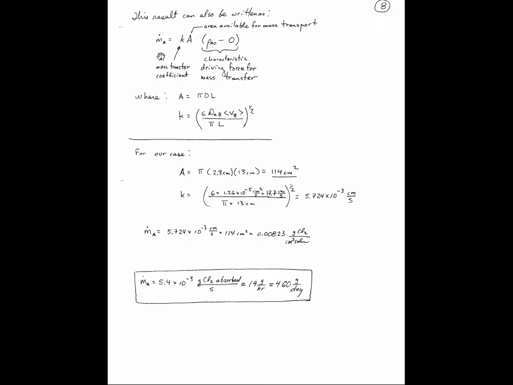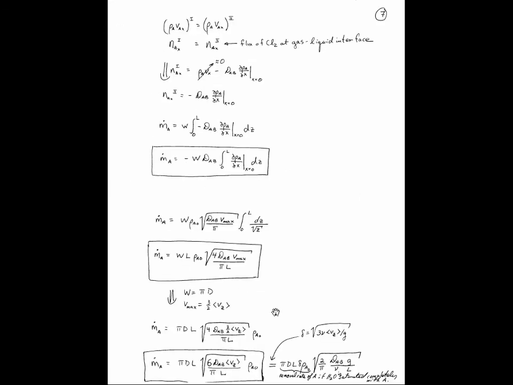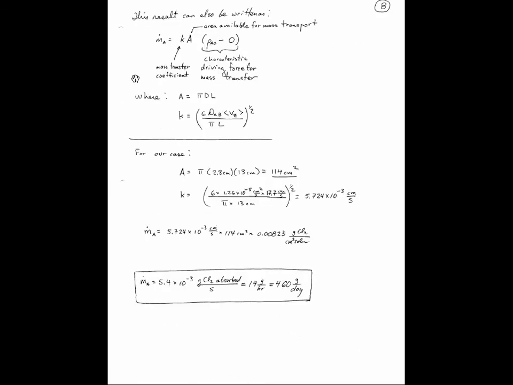We can also define it in terms of an effective mass transfer coefficient. If you do that and combine this expression with the one on the previous page, you'll find that the mass transfer coefficient for a falling film is given by this expression. So it's a classic result that you'll find in textbooks on mass transfer coefficients for gases absorbing into falling films, and this is where it comes from.